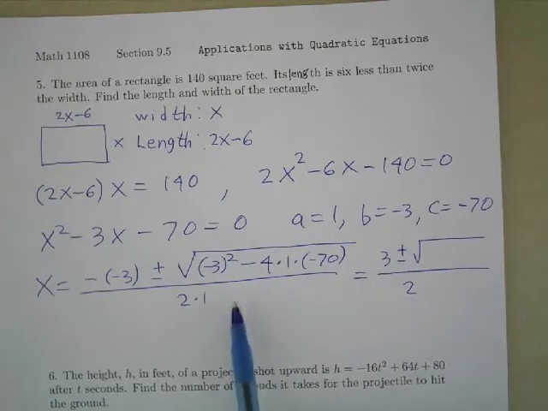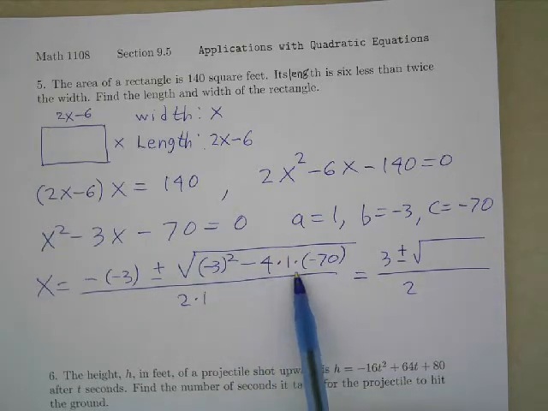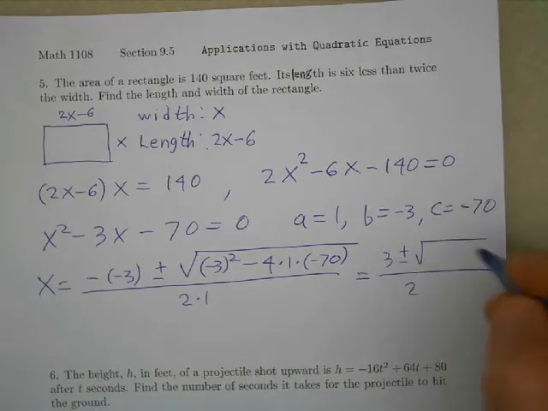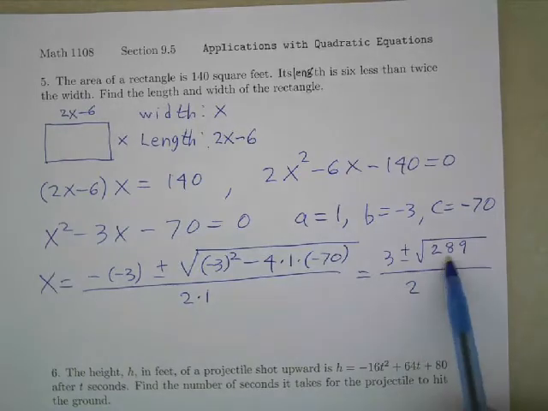So inside the square root, the number negative 3 squared is 9, and we're subtracting 4 times 1 times negative 70. So in other words, it's 9 minus negative 280, but that's the same as 9 plus 280, which is 289. And the square root of 289 simplifies to 17.